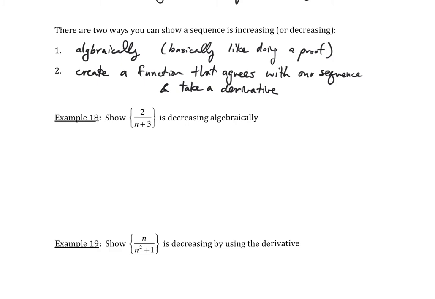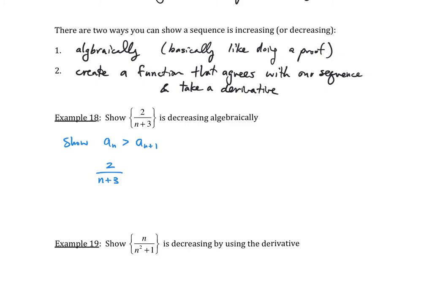All right. So what do we want to do? We want to show it's decreasing. That means we need to show that a_n is actually bigger than a_(n+1). So I'm going to write down what a_n is. Well, a_n is just the general term, so that's going to be equal to 2 over n plus 3.